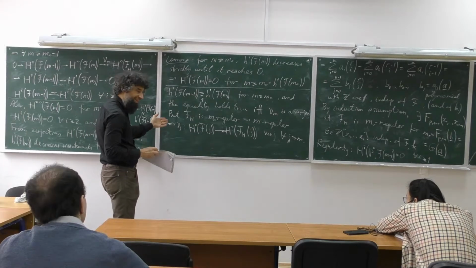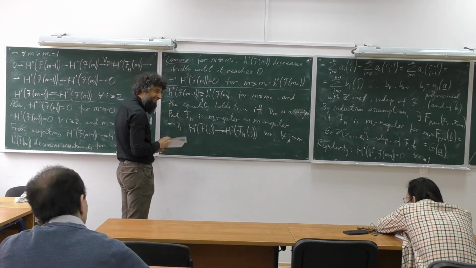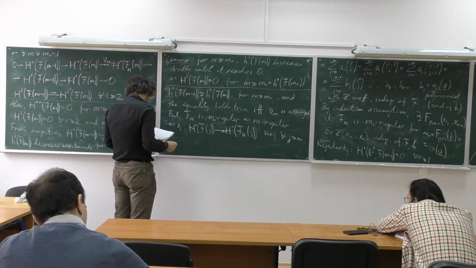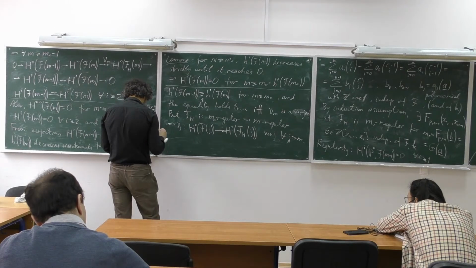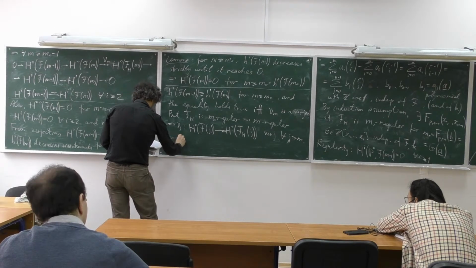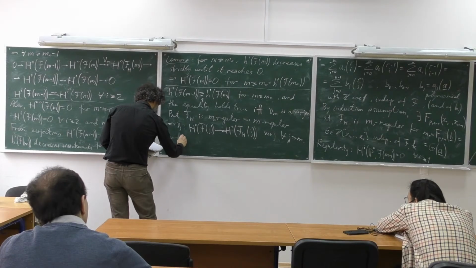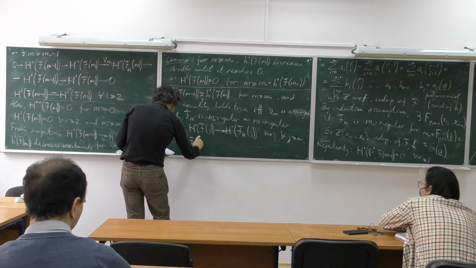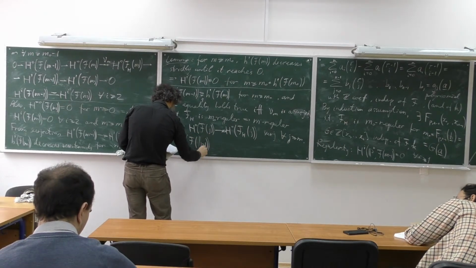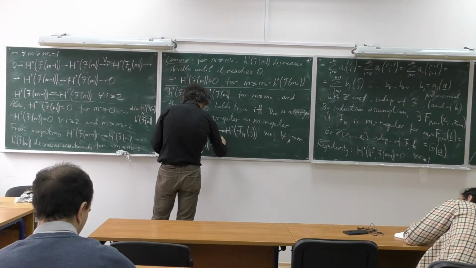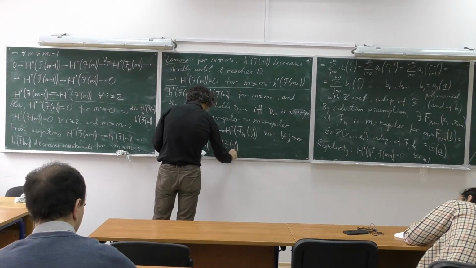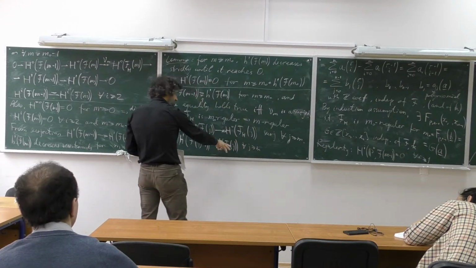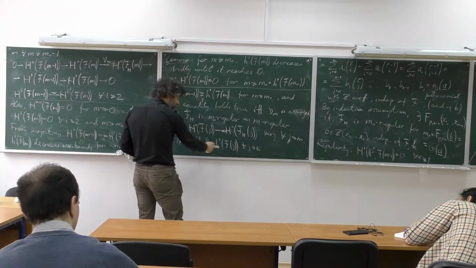It's not a big deal, but you do it at some point. And so it implies that H1 of F of J minus 1 is equal to H1 of F of J for any J bigger than M. But we know that for big enough J it is 0.